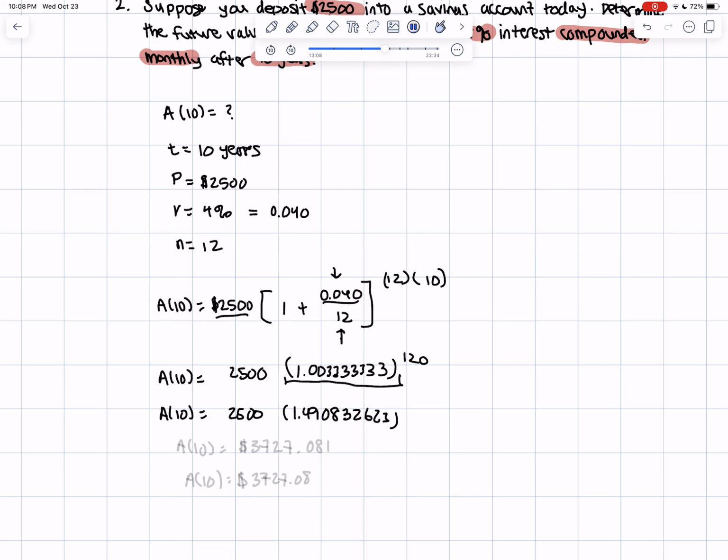Then I multiply times 2,500. And let's see. Yep. So we get 3,727.081. Since there's a 1, I'm just going to round it to 0.08. So we know the A of 10 is $3,727.08.